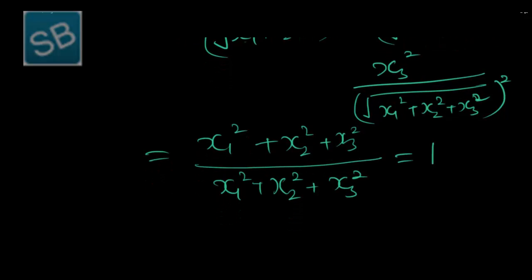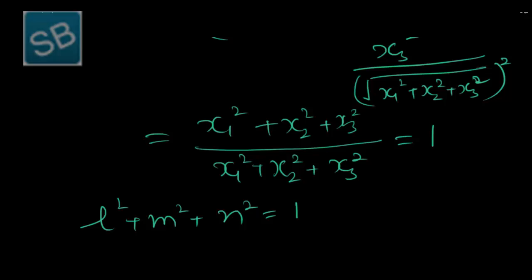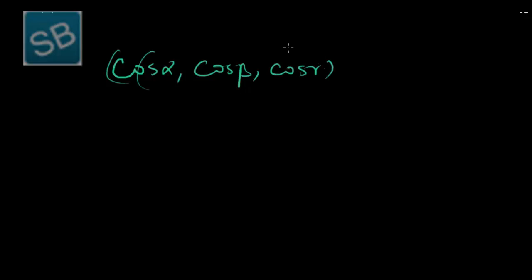So we get l square plus m square plus n square is equal to 1, and cos alpha, cos beta, cos gamma is equal to unit vector x.